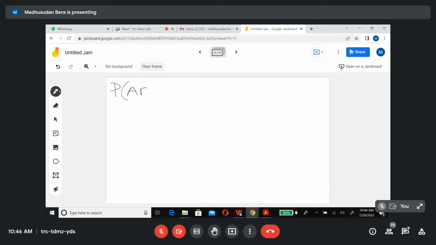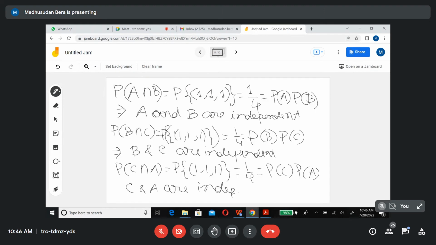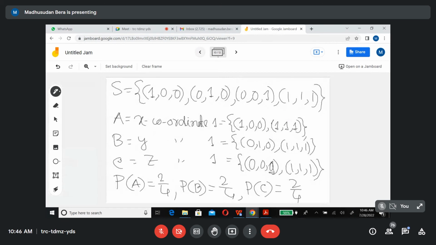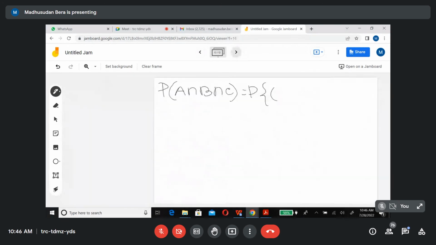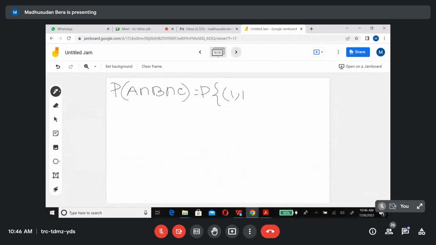P of A intersection B intersection C: x coordinate 1, y coordinate 1, z coordinate 1, that is 1 1 1. So that probability is 1 by 4, not equal to PA, PB, PC.